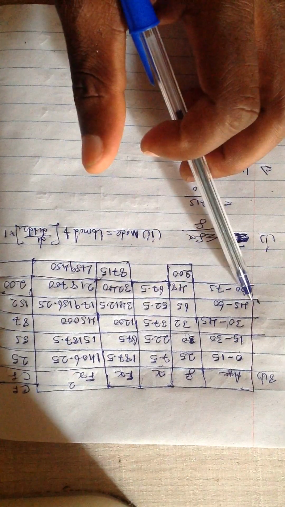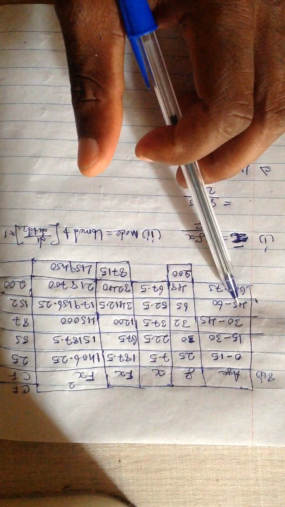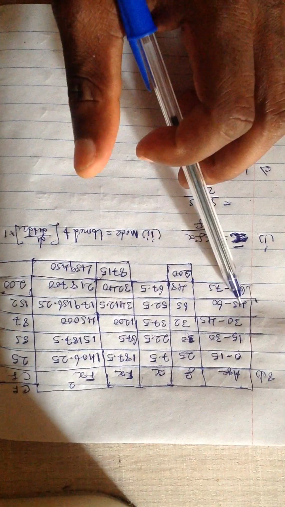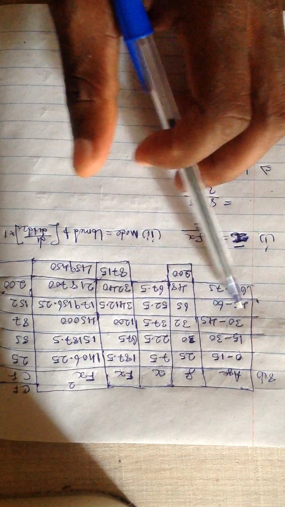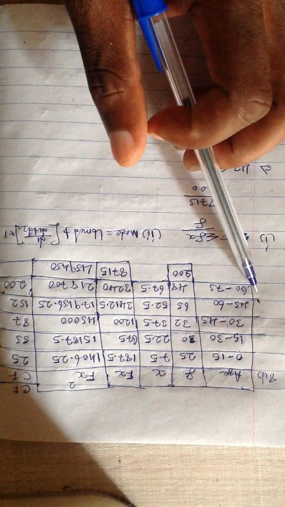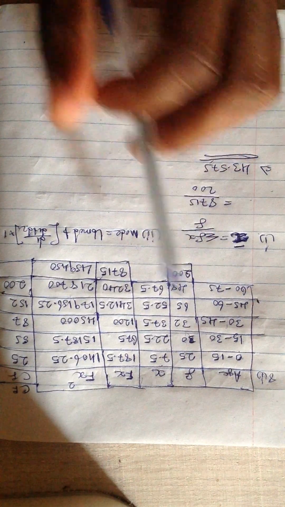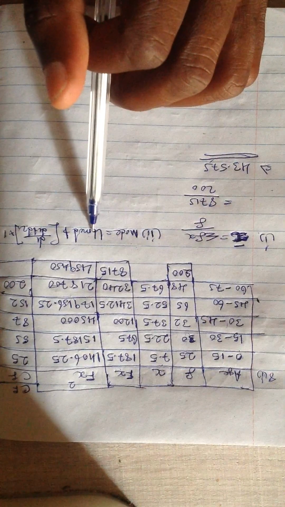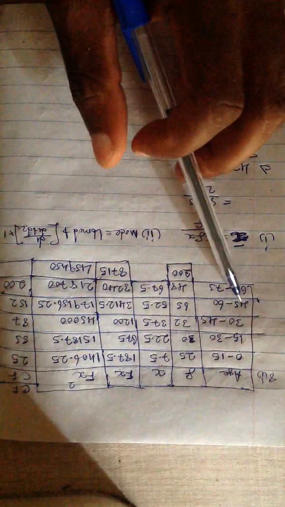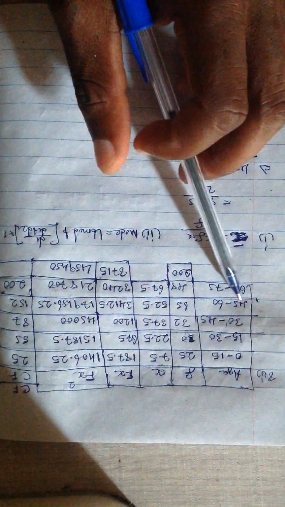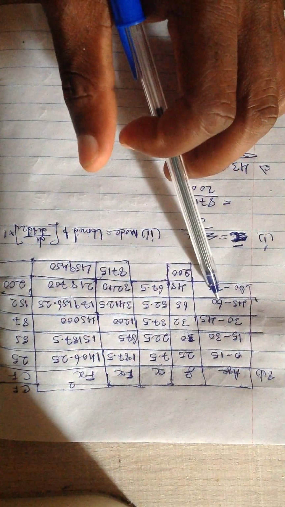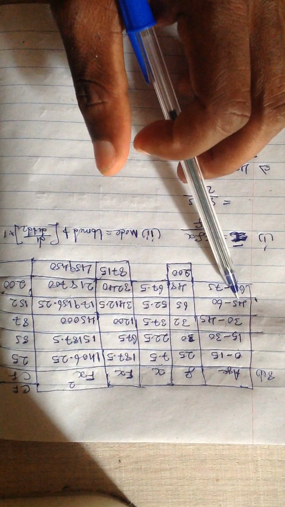Here it is 45 and 45, there is no remainder, so we just have a 0. Even if you divide 0 by 2, it still remains 0. So our lower boundary of the mode class will just maintain the way it is, as 45.